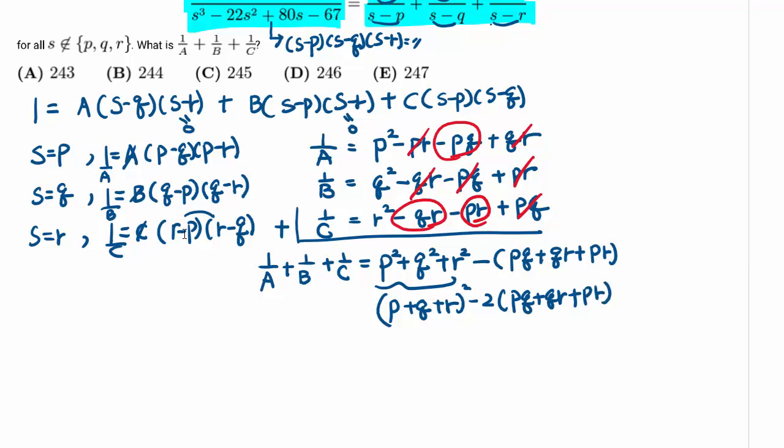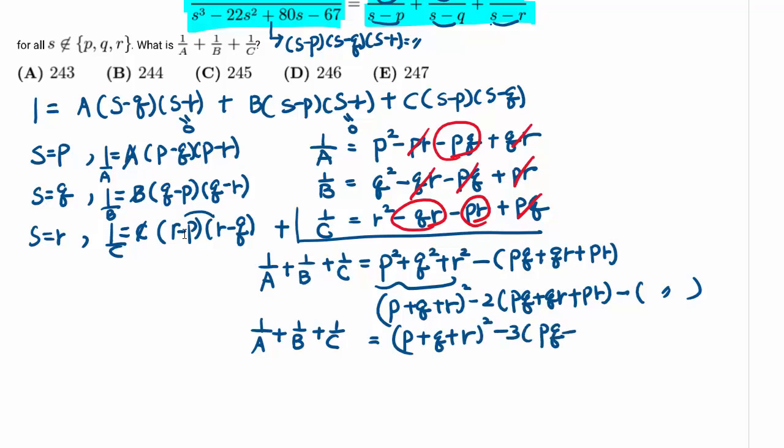So we have one more of these, and actually 1 over A plus 1 over B plus 1 over C equals (p plus q plus r) square minus 3 times (pq plus qr plus pr).